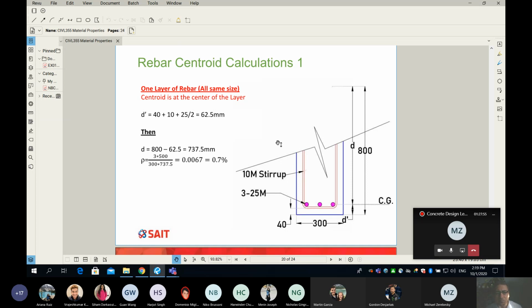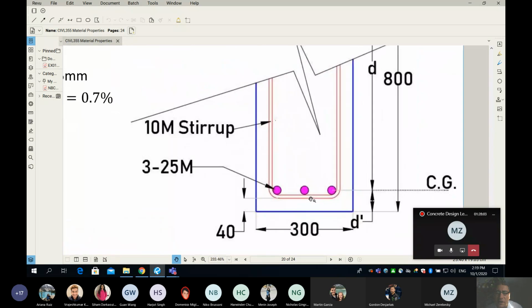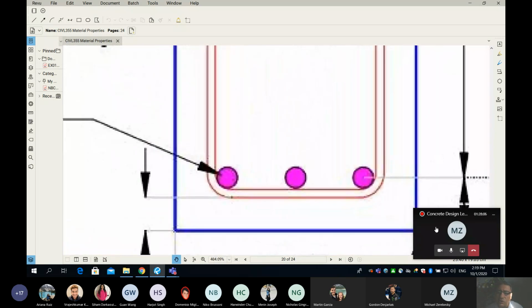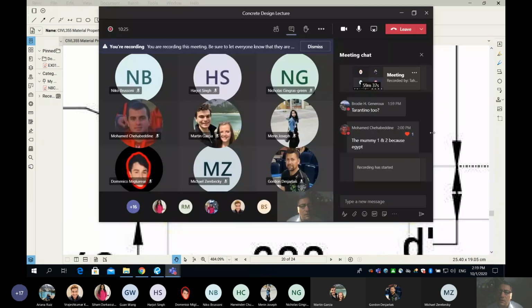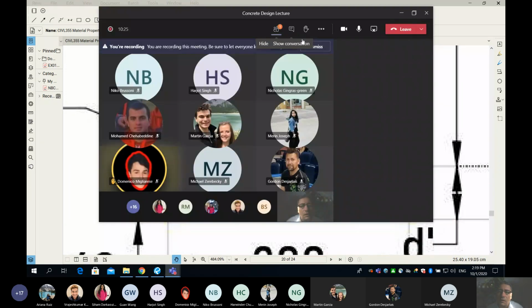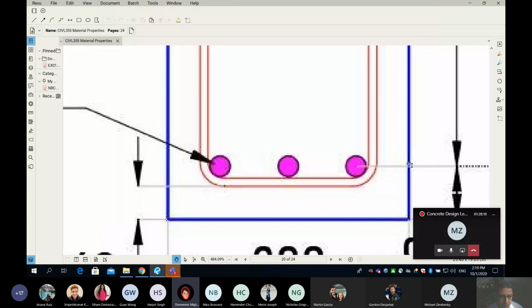If I ask you, where is the centroid of these 3 15M? Anybody to tell me? Show your hands, please. Okay, Domenico, go ahead. Are you talking about all 3 together?